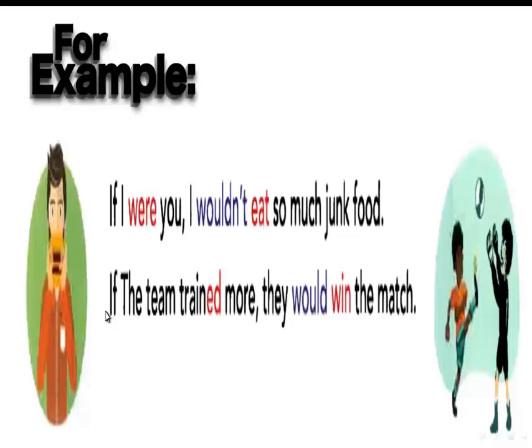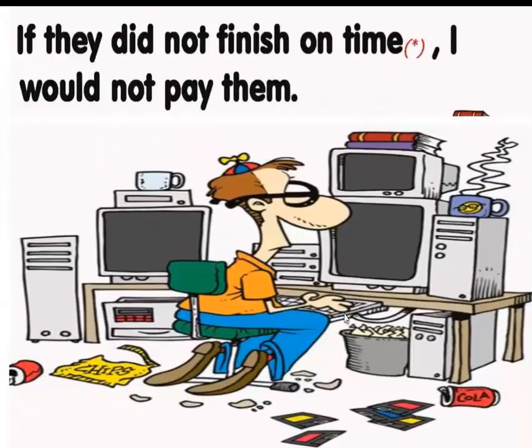Okay? Number 2, if the team trained more, they would win the match. Okay? 2 sentences joined by if. Conditional 2, because here the verb is in past tense, and here is would, after would the infinitive verb. Okay? The third example is in a negative form. Look at here.